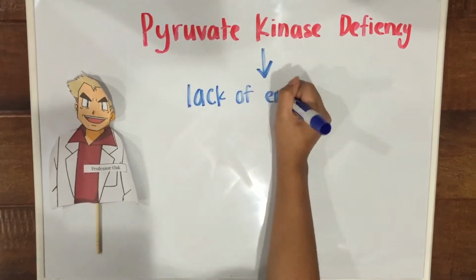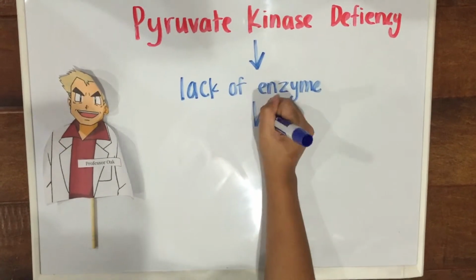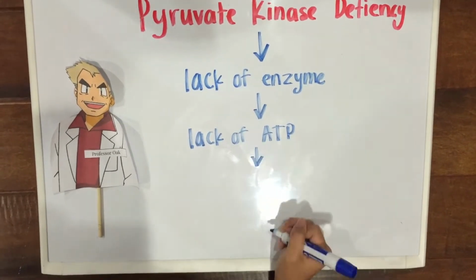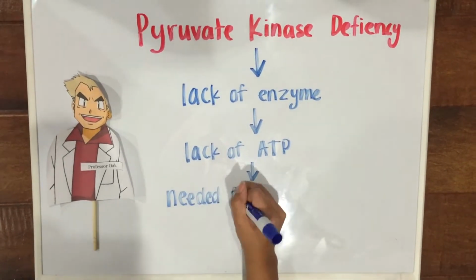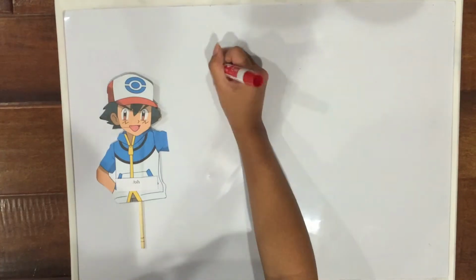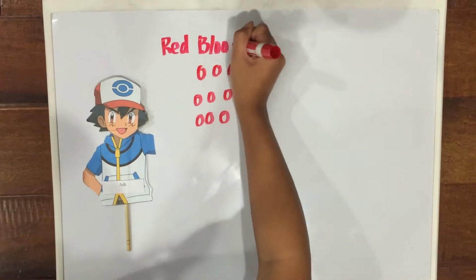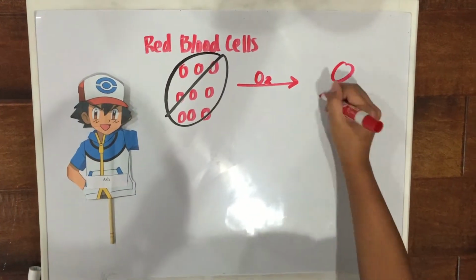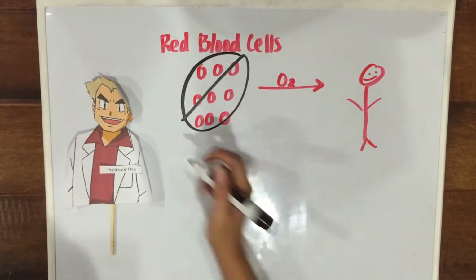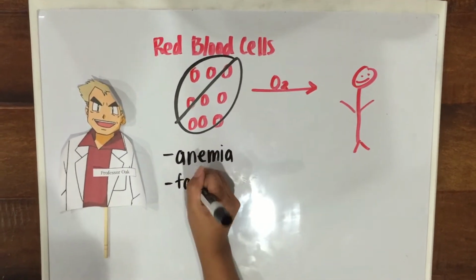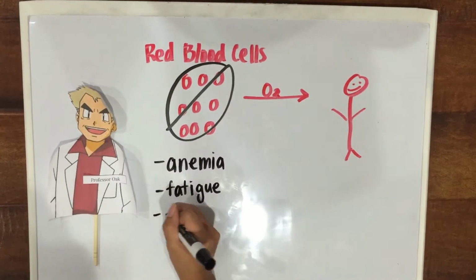Going back to Ash's question, it has to do with cellular respiration because if there's a lack of pyruvate kinase enzyme, then there's a lack of ATP, which is needed for the cells to keep working. Oh, so the red blood cells cannot carry oxygen into the rest of the body? Which then leads to the body showing symptoms like anemia, fatigue, or pale skin.